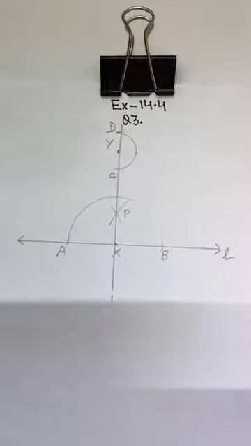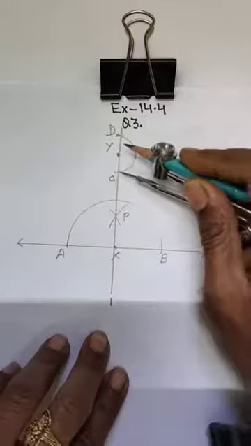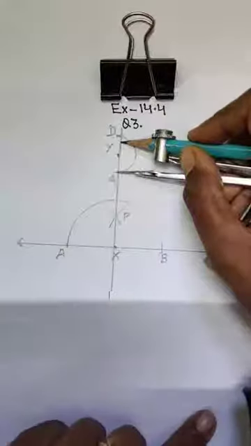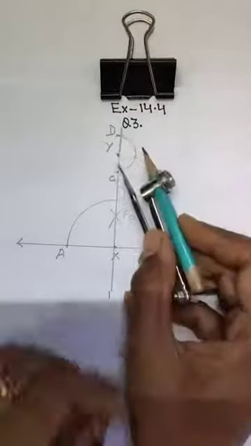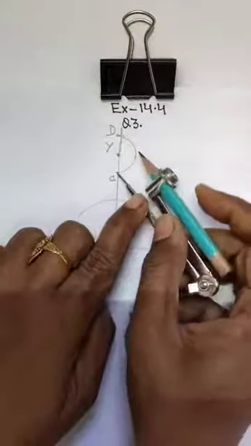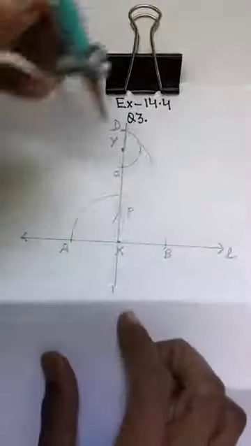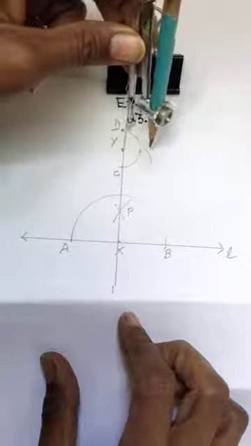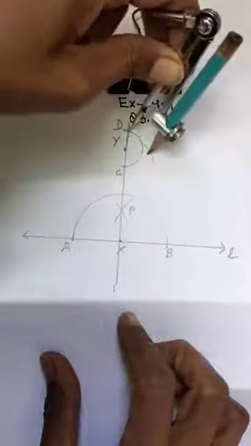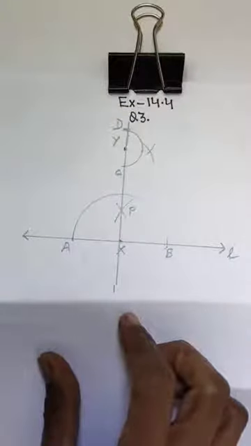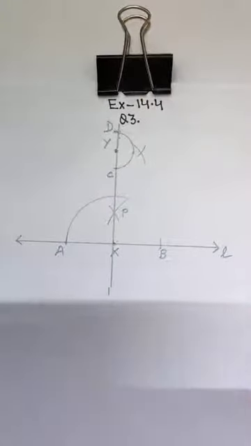Now more than half of CD. ऐसे ही करते हैं ना? We have done the same. Now we will open the compass more than half of CD. Now one arc from C and we will draw one arc from D. Okay? Shall I repeat?